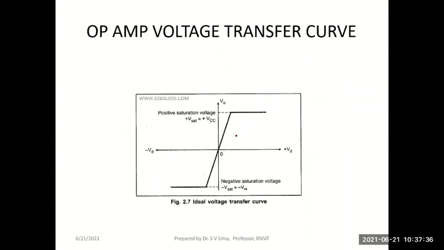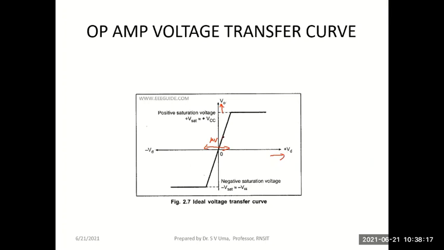Next, coming to the op-amp voltage transfer curve. What is the meaning of this? It is a graph of output voltage along the y-axis versus the differential input voltage along the x-axis. For very small variations of the input voltage, when the input is varying in a few microvolts or so, you will see the output voltage also increases linearly.